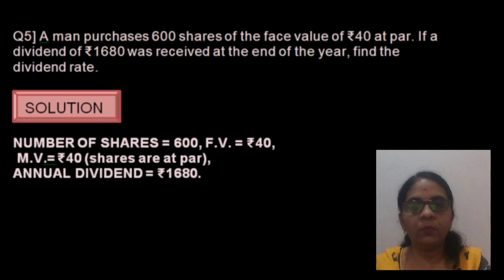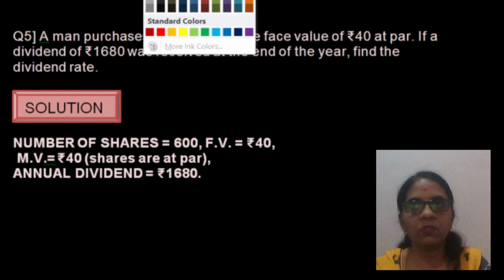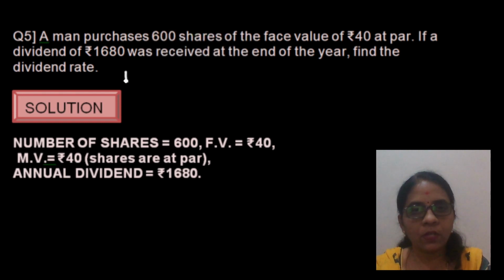So let's do one more numerical. This is the last for this video. In this it is given that a man purchases 600 shares of face value rupees 40 at par. If the dividend is 1680 received at the end of the year, find the rate of dividend. In this question also, you are asked to find the D percent.